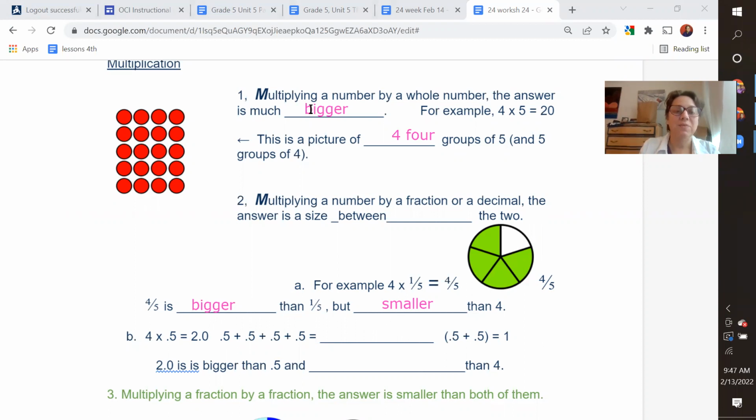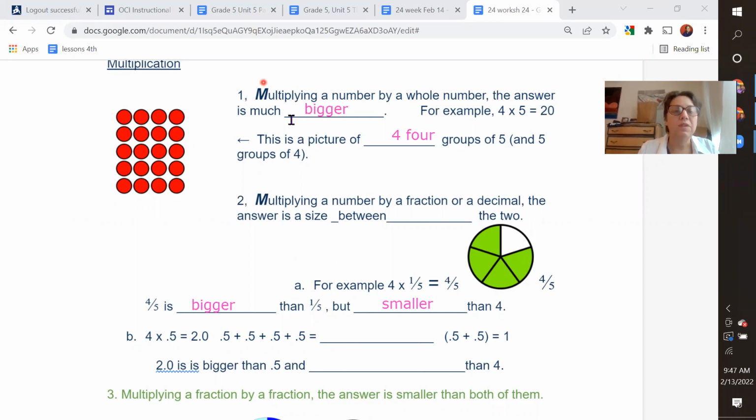All right, let's look at letter B. I know you hate it when I say number B. 4 times 0.5 equals 2.0, right? Why? 0.5 plus 0.5 plus 0.5 plus 0.5, so it's 4 of them. And what is the answer? Here's a clue. 0.5 plus 0.5 equals 1.